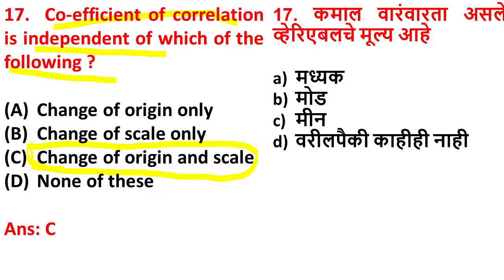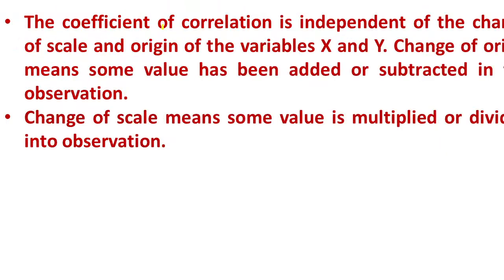The coefficient of correlation is independent of the change of scale and origin of the x and y variables. Change of origin means some value has been added or subtracted in the observation, and change of scale means some value is multiplied or divided into the observation.